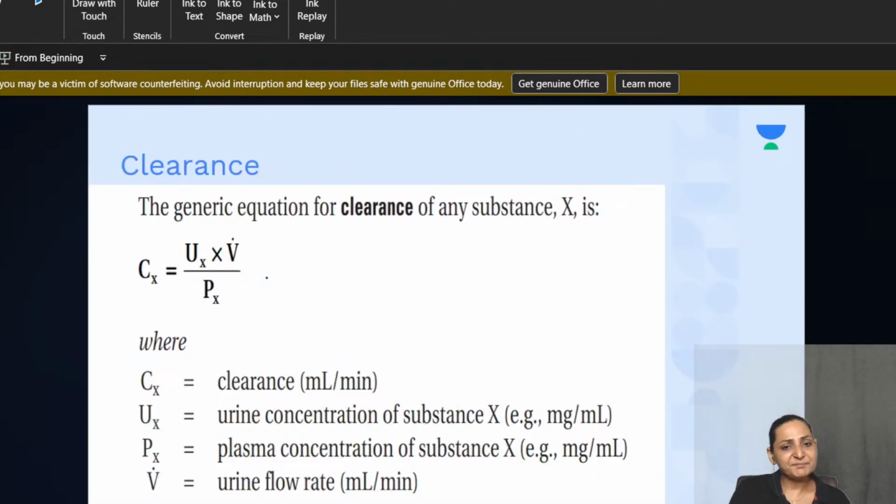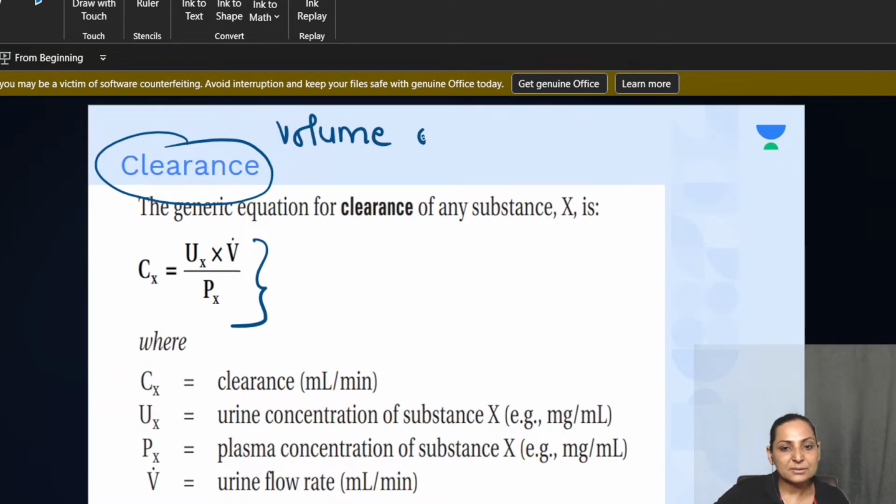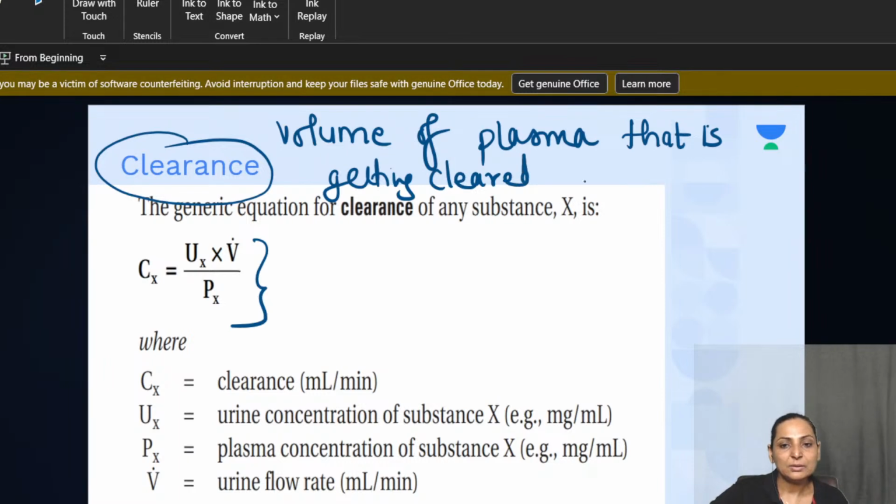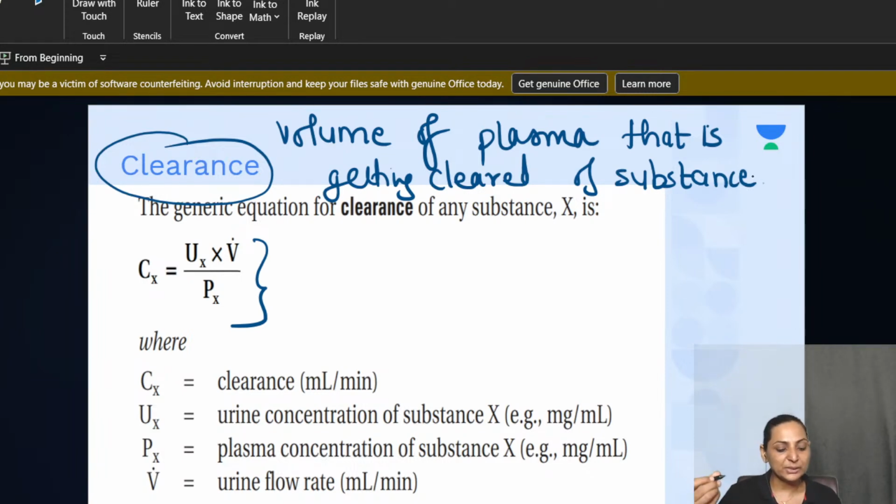Now, the next very repeated question is on clearance, especially on this formula. What is clearance? It is the volume of plasma that is getting cleared of a particular substance as it passes through the urine per unit time.